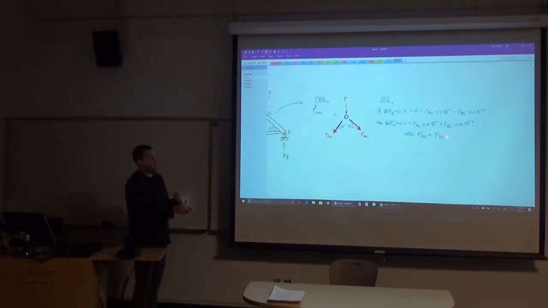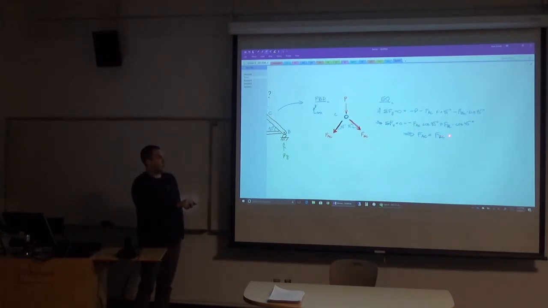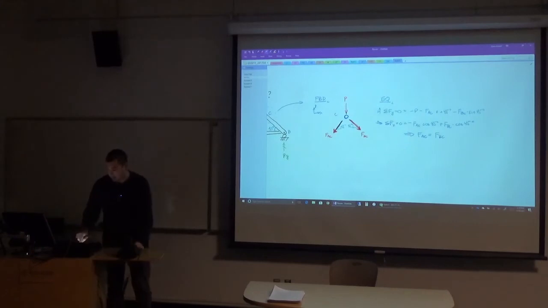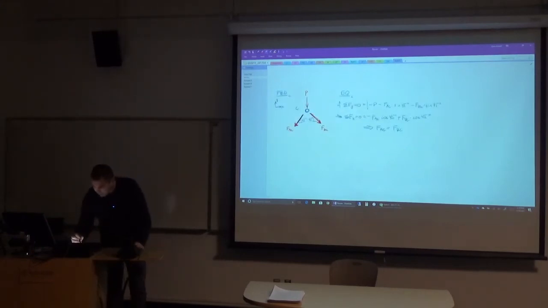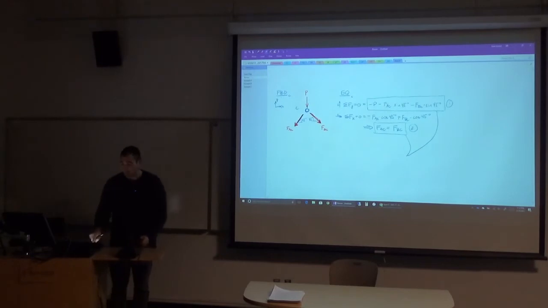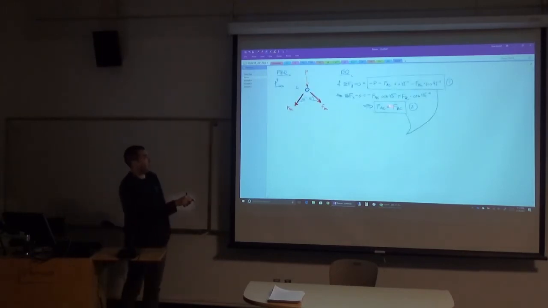So again, still two unknowns and one equation here, but I can take this relationship that these forces have to be equal to each other, and I can plug that back into this equation up above. So if this is equation number 1, and then this is equation number 2, I can simply combine those together, and so I can take every place I see FAC, and I can plug in a value of FBC.